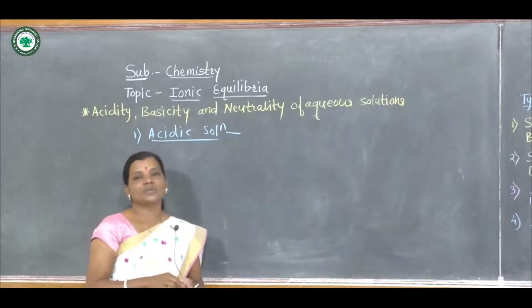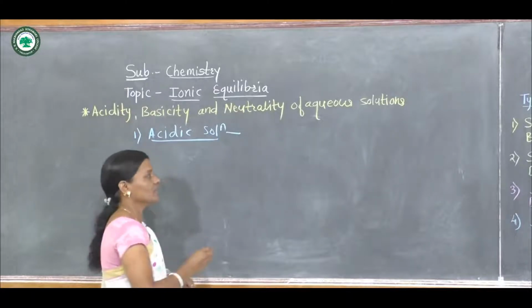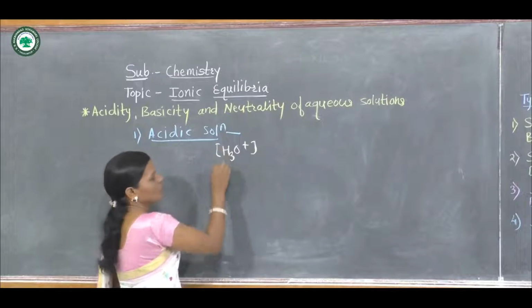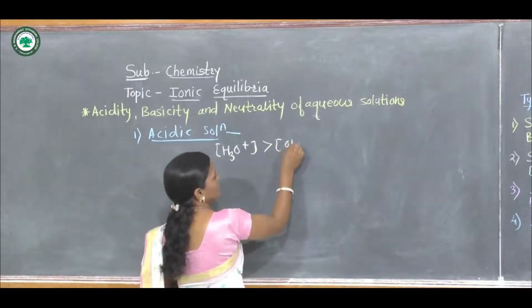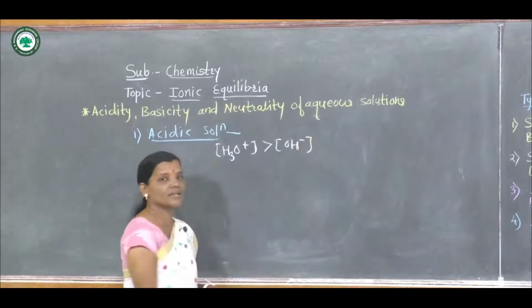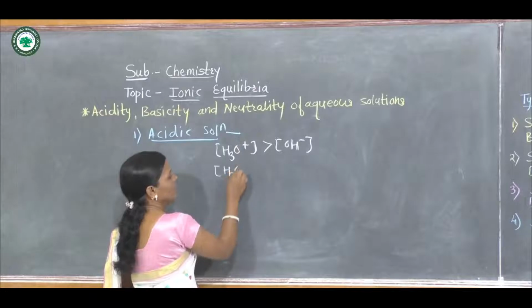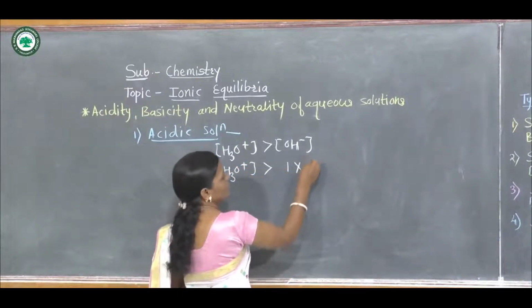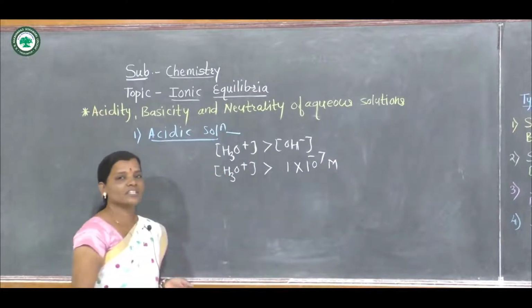An acidic solution means the aqueous solution in which the hydronium ion concentration is always greater than the hydroxyl ion concentration, or also we can say that the hydronium ion concentration is greater than 1 into 10 raised to minus 7 molar.